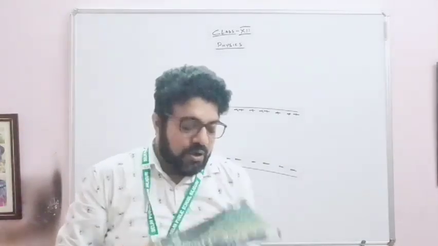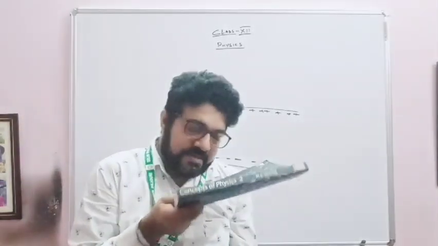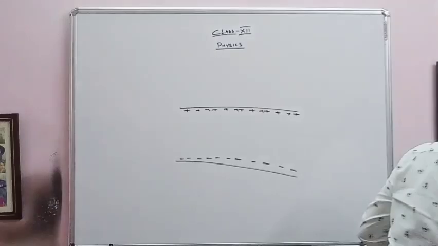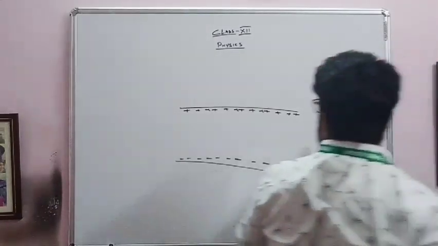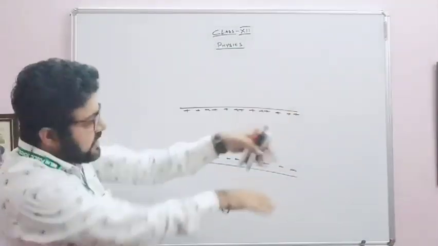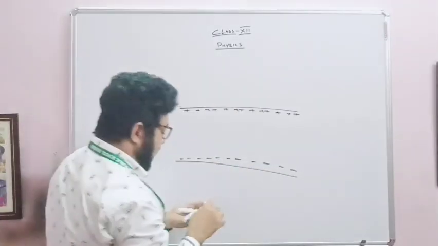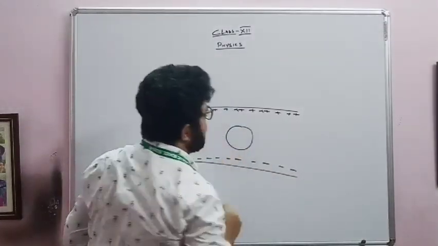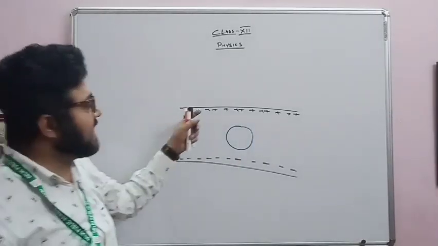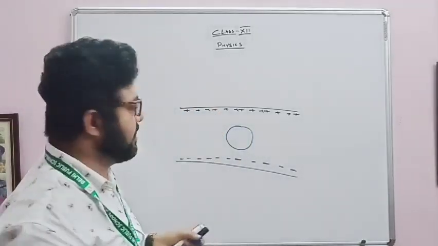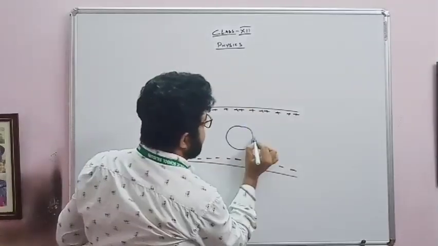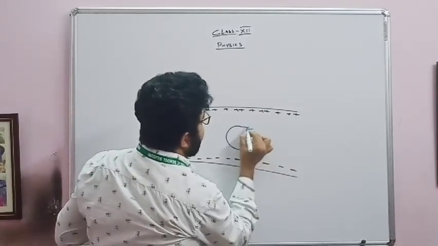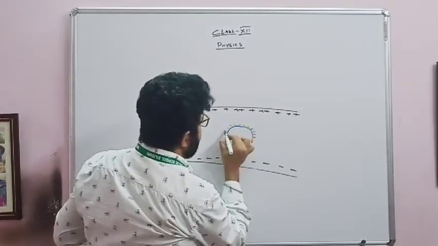2 plates are there. One is that one, one is that one. When you see it in 2 dimensions, it will look like this. Two sides, 2 planes. Now you insert a sphere. As the upper one we consider here to be positive, due to that positive one, electrons are attracted by the upper one.